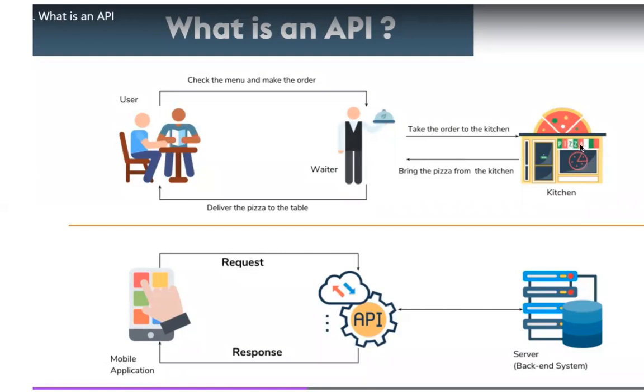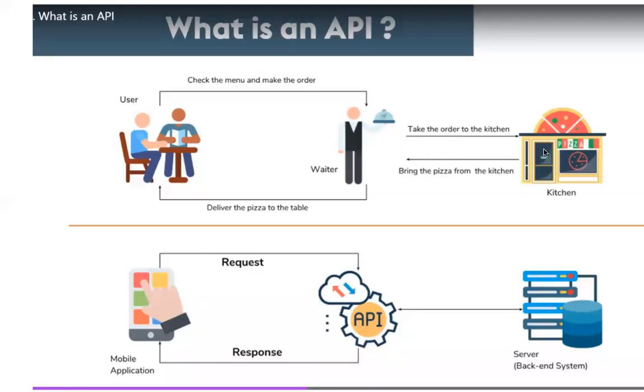In the kitchen, imagine this is the server. Based on the request, whatever you order, maybe Apollo fish or biryani or a starter, the kitchen gives the response back to the waiter.